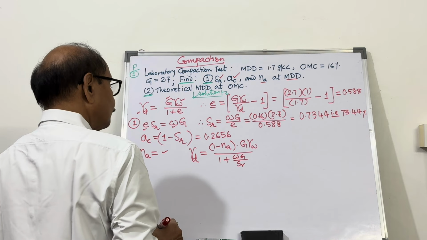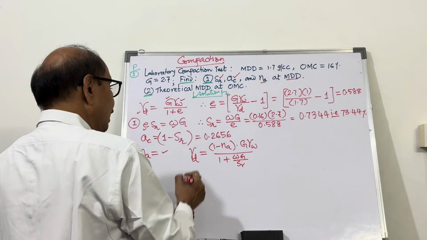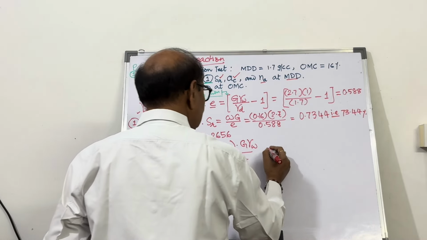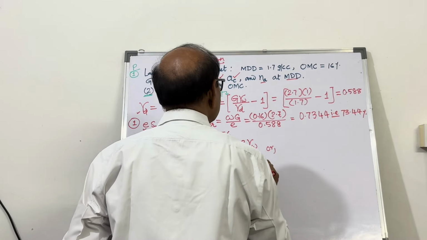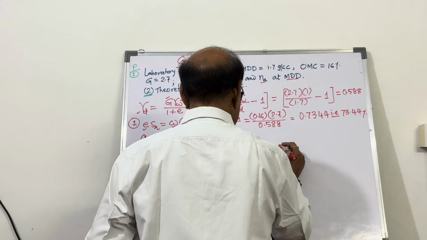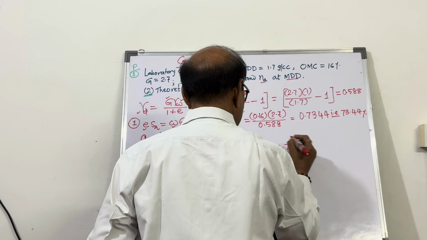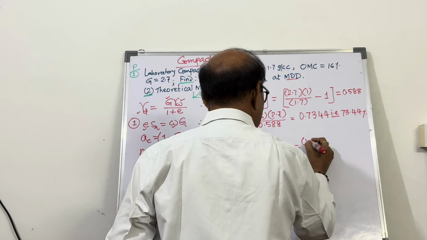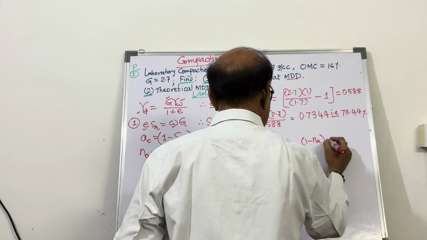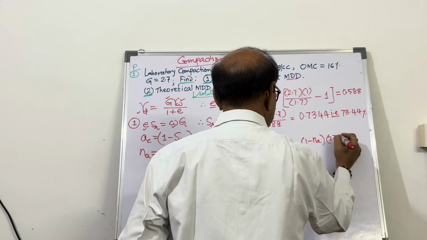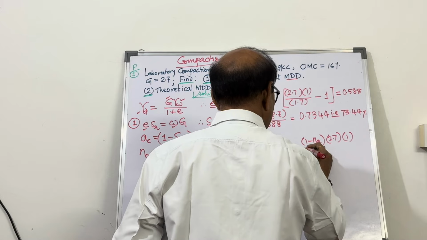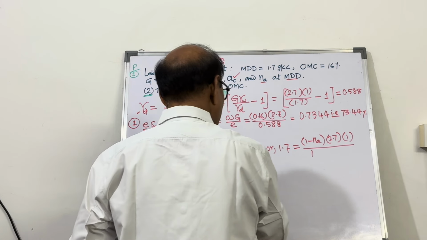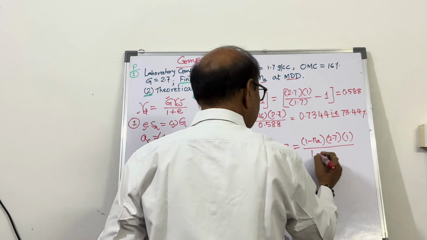Now the values are all known to you. Gamma d is known. So we can substitute that MDD is 1.7, 1 minus Na, 2.7 G value, gamma w upon 1 plus e, and e is already known to us.